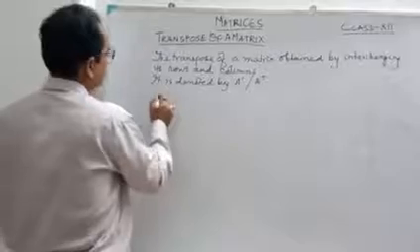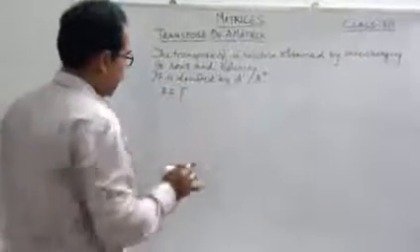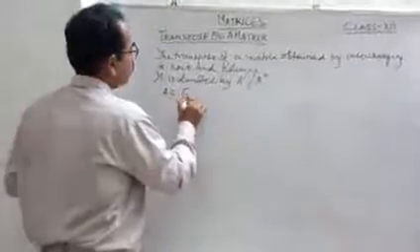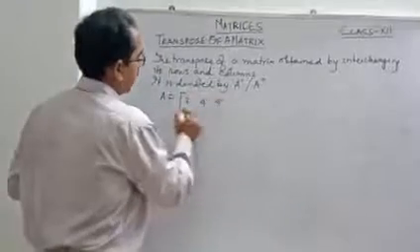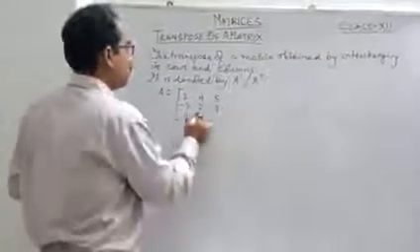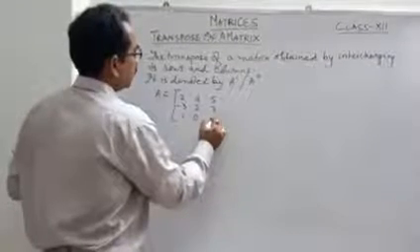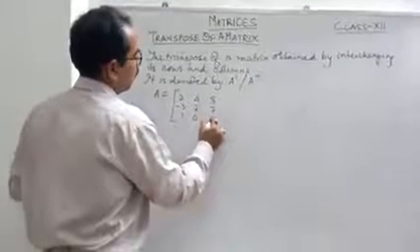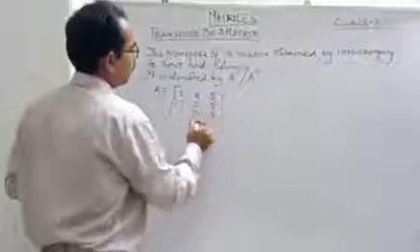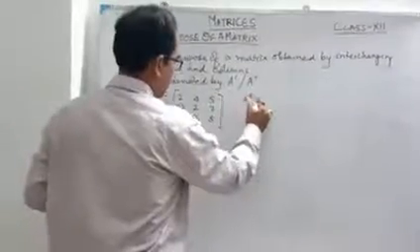Just for example, suppose I take A equal to 2, 4, 5, minus 3, 2, 7, and randomly 1, 0, 5. Then A transpose will be what?